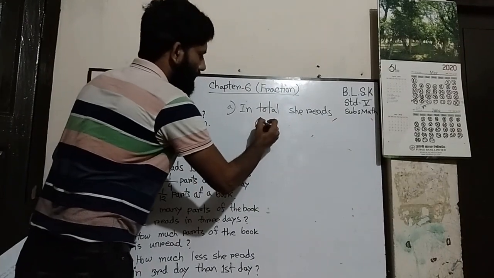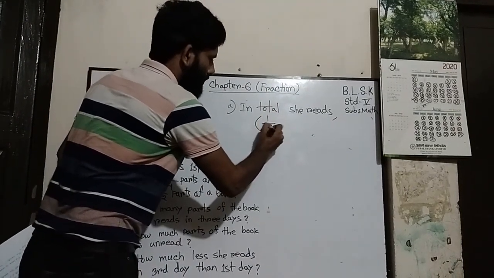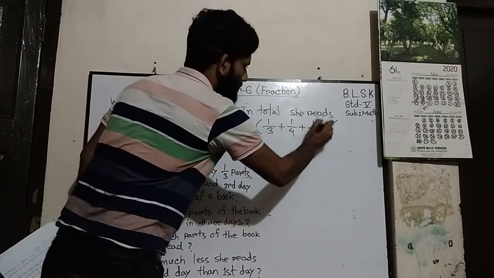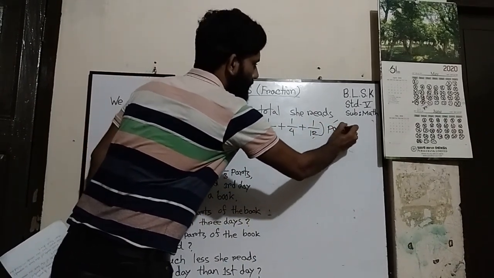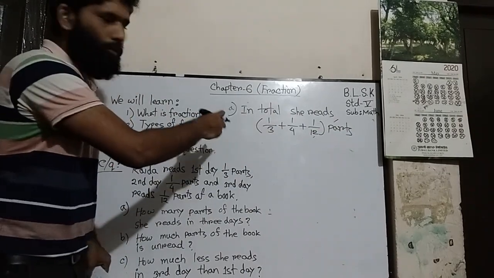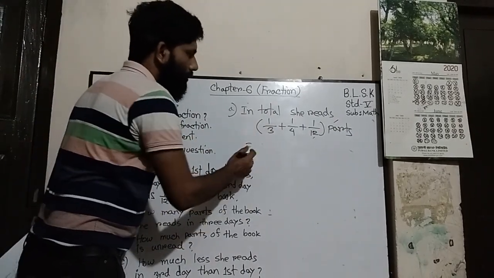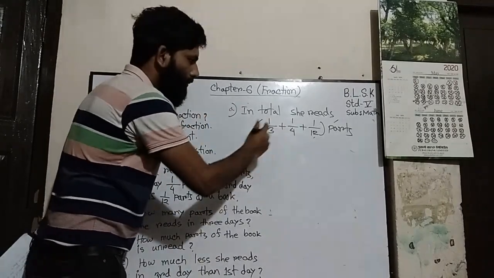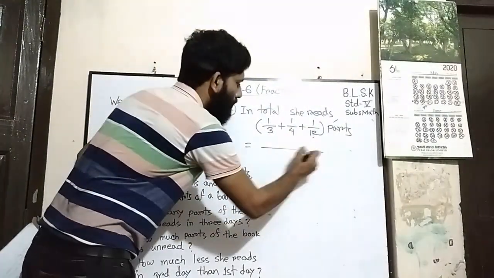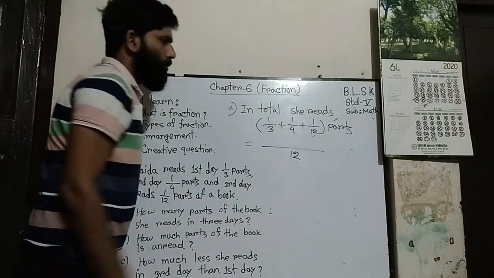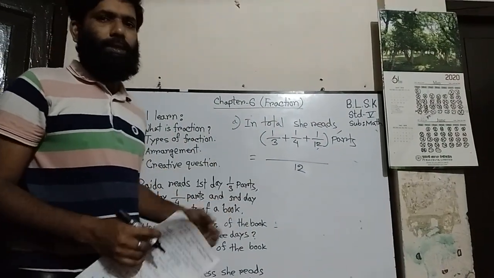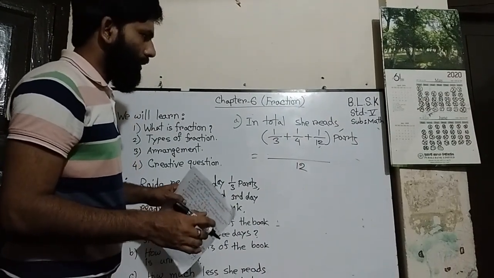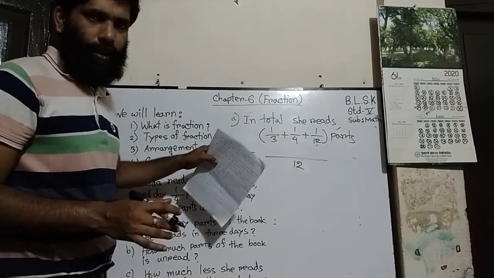So we should sum those parts: 1 by 3 plus 1 by 4 plus 1 by 12 parts. In 3 days she reads these parts in total. At first we should find the LCM of 3, 4, 12. The LCM of 3, 4, 12 is 12. We already did this kind of sum in the previous class, standard 4 or standard 3, so I think you are clear about the LCM.